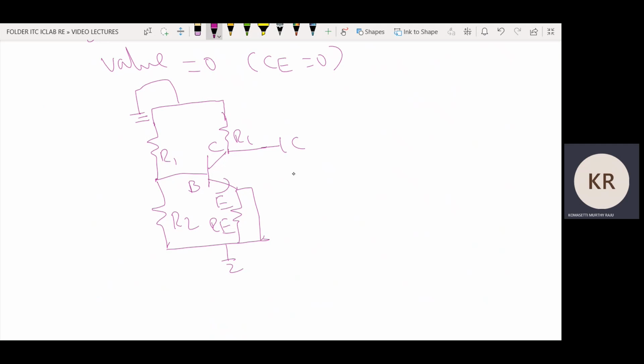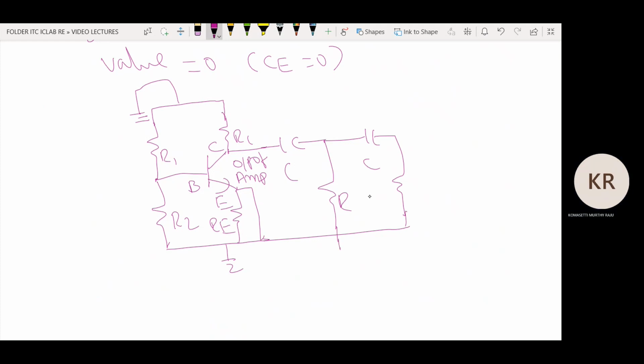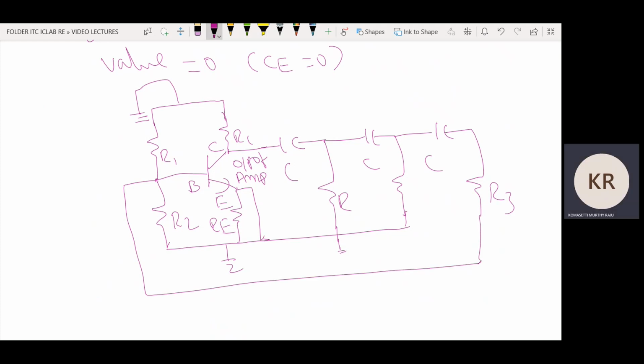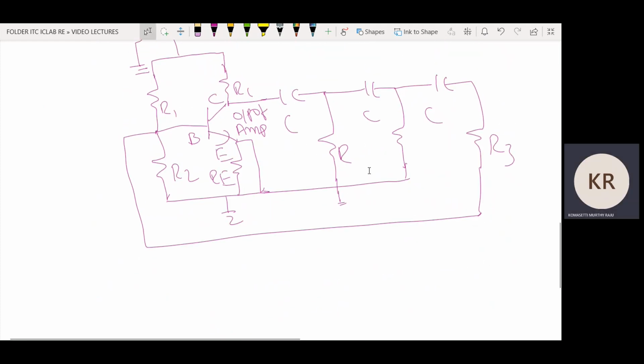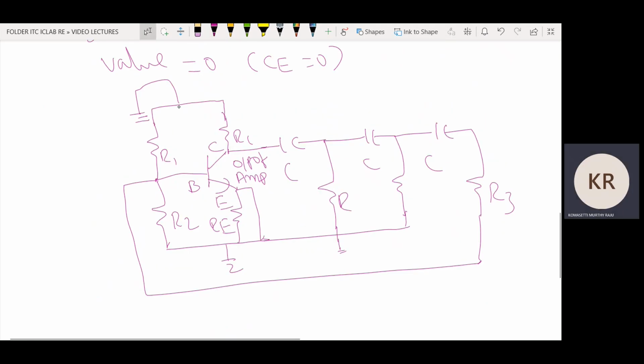The output of the amplifier is connected to the input of the feedback network. Then C, R, C, R, and next C, R3. Here this ground is connected to R1 and this ground is connected to R2.